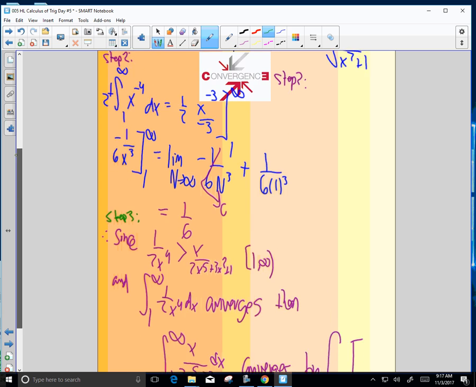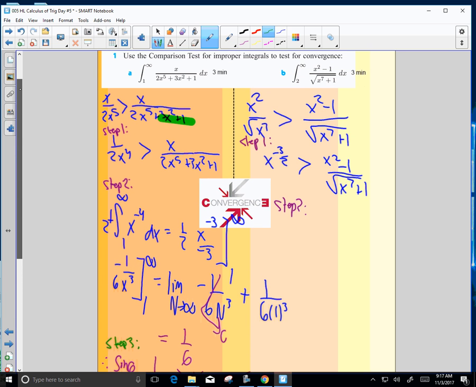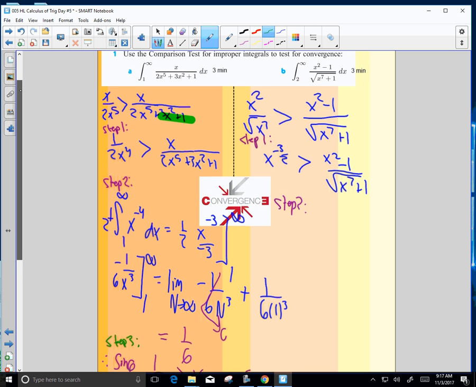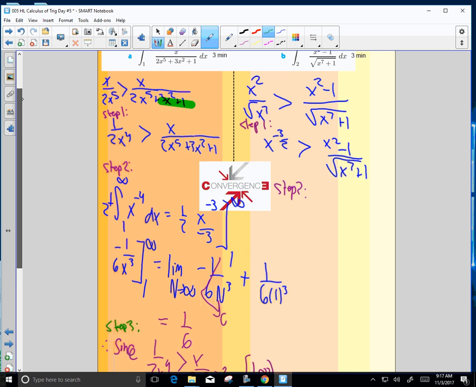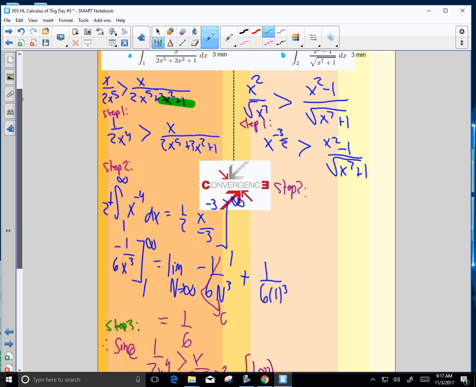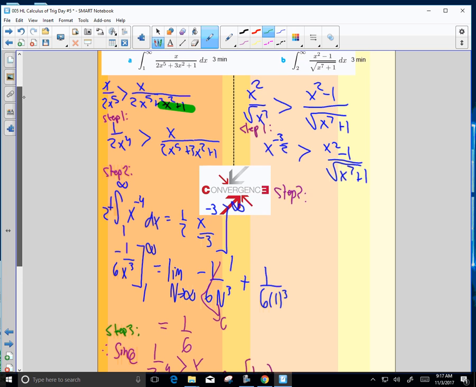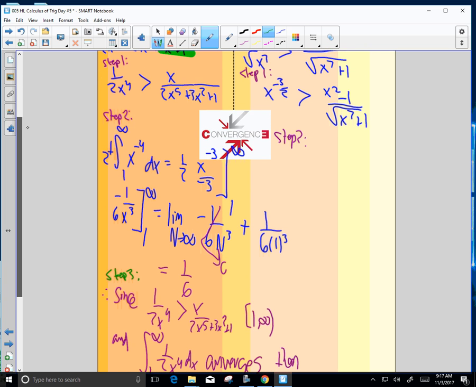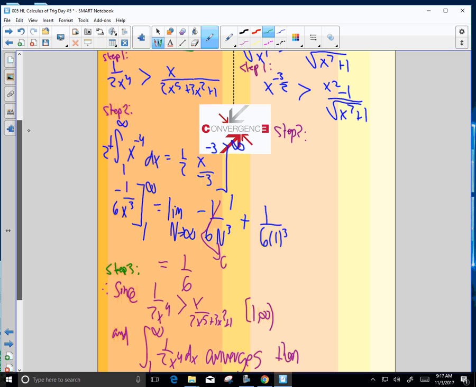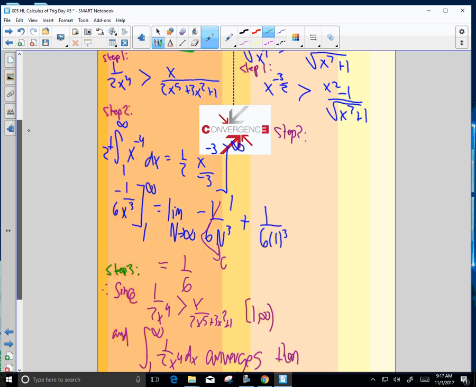Let's break it down one more time. First part, you just need to block this off so it's a simple expression, power of x, or simpler. And then if you can say that that's always greater on that interval, 1 to infinity, then you integrate the one that's simple, and if the bigger one is a number, then the smaller one will have to be what?